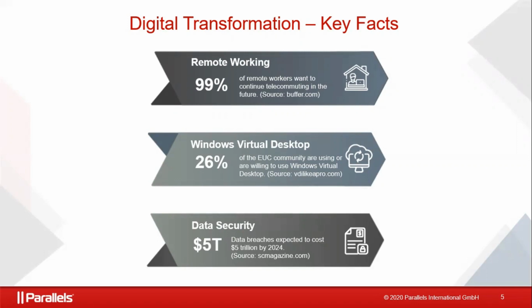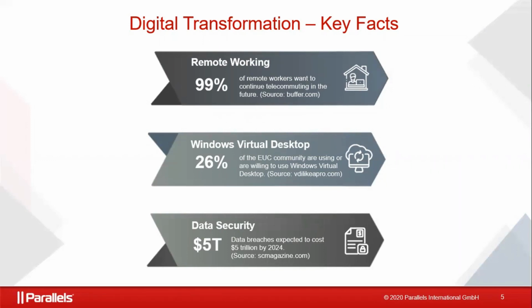Nowadays, not only software as a service or platform as a service, but also desktop as a service. And for data security, data breaches are expected to cost about 5 trillion by 2024.